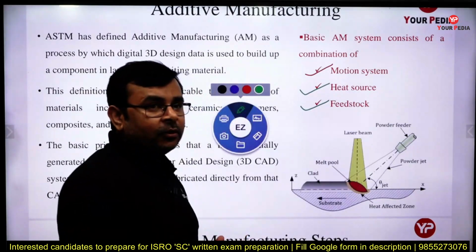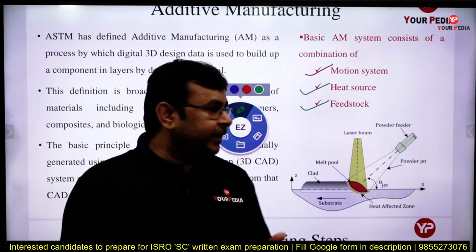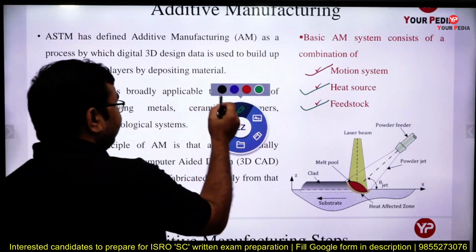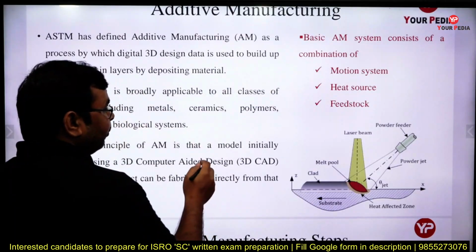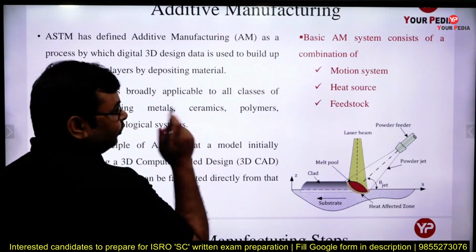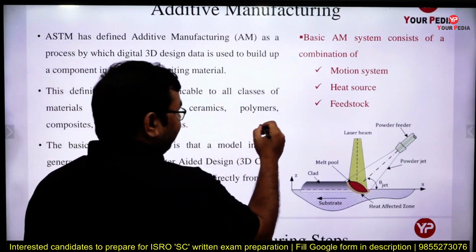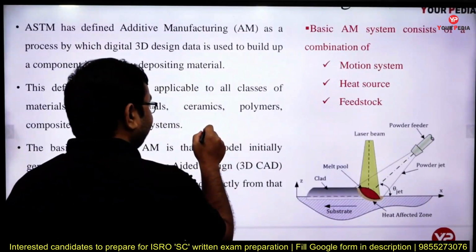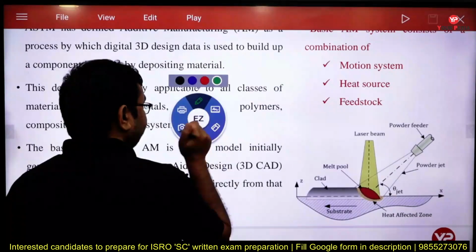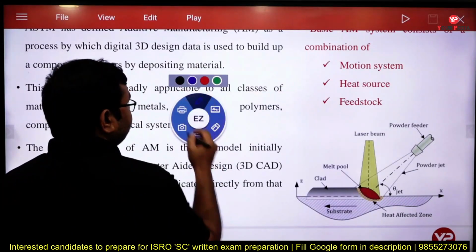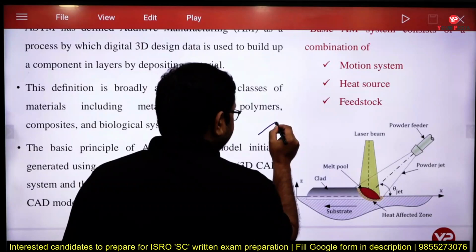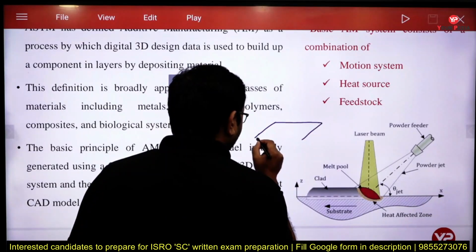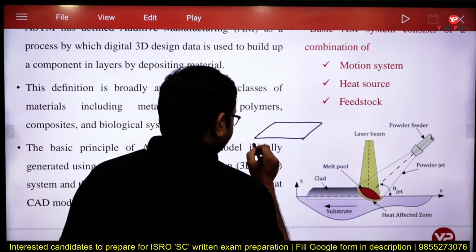Now, if we talk about the motion system, suppose you want to make a component with the help of 3D printing or 3D additive manufacturing. Obviously we have a platform, and this is a 2D platform.